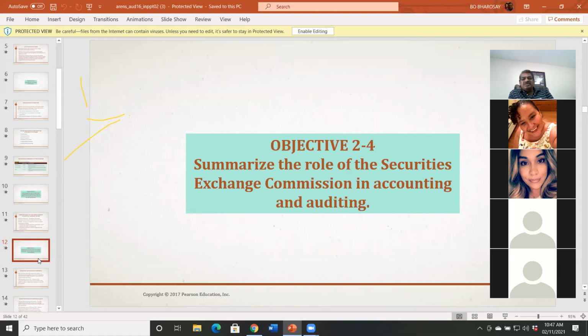So, who is the Securities and Exchange Commission? As I said earlier, the Securities and Exchange Commission is an arm of the federal government. So the PCAOB came about because of the SEC.